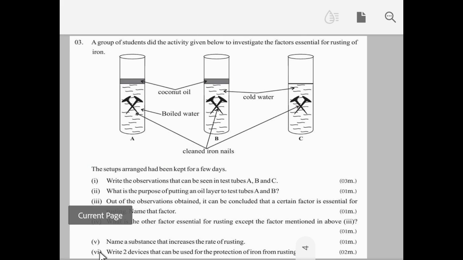Sixth one, write two devices that can be used for the protection of iron from rusting. How can we protect iron from rusting?